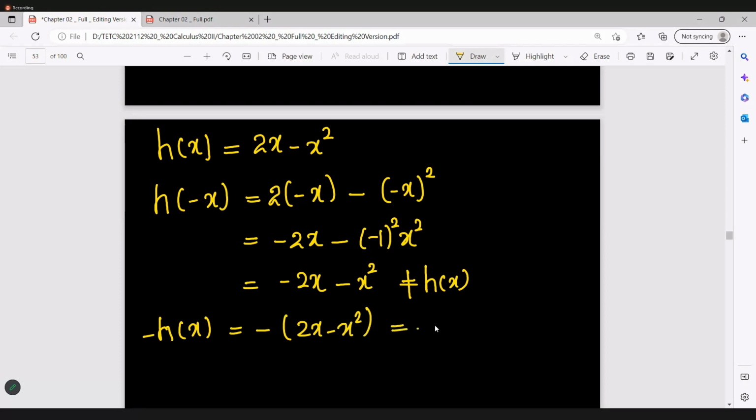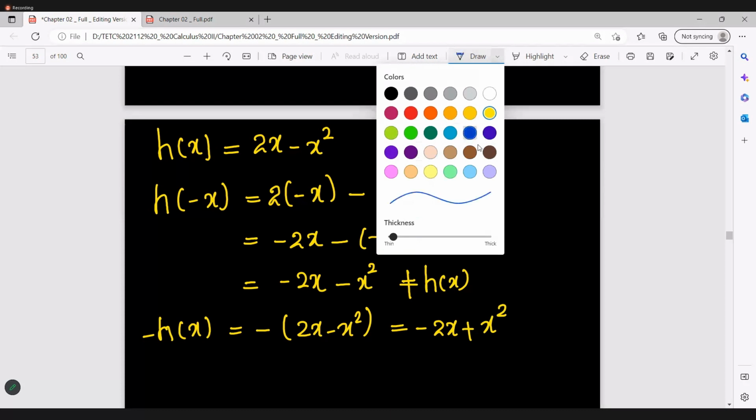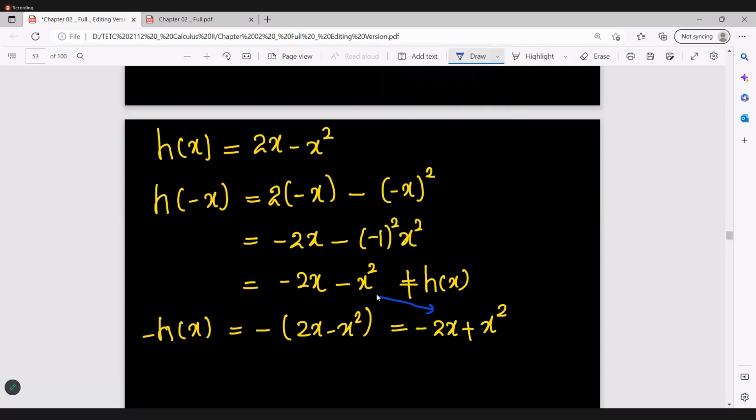So we have obtained minus 2x, minus times minus is plus x squared. And we can see that these two functions are not equal. So the answer that we have obtained is not equals to h of x as well as it is not equals to minus h of x.